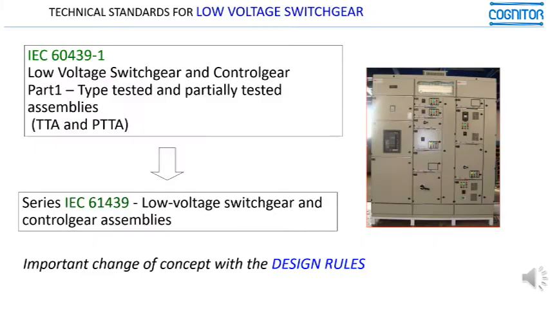As said before, IEC 61439 is a series of standards which are an evolution of the previous IEC 60439. The most important change of concept here is the concept of design rules.